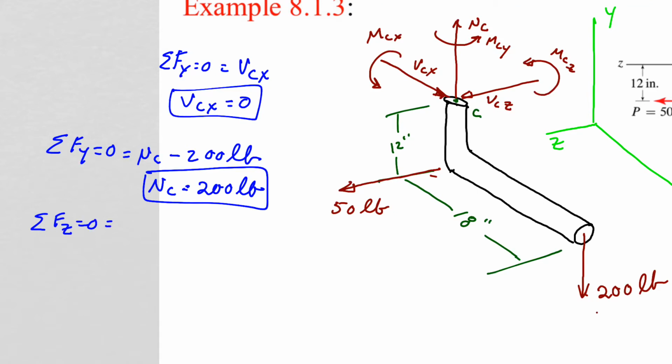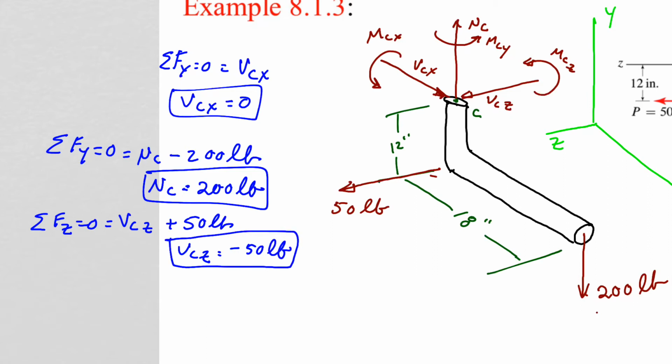And if I do that, I have VCZ plus 50 pounds, or VCZ equals a negative 50 pounds. Notice that my shear forces are not in tension or compression. They're running along that surface, so there's not such a thing as tension or compression for a shear force.